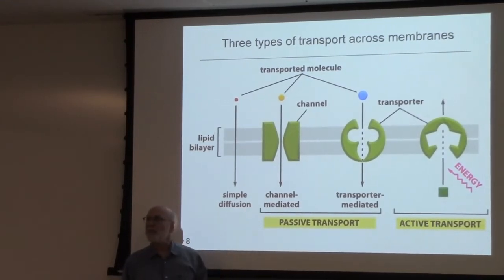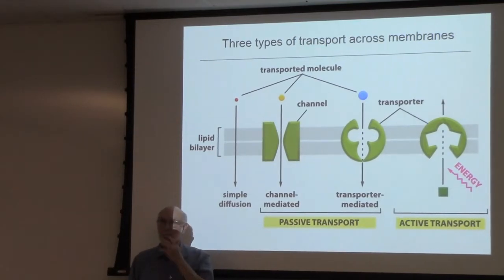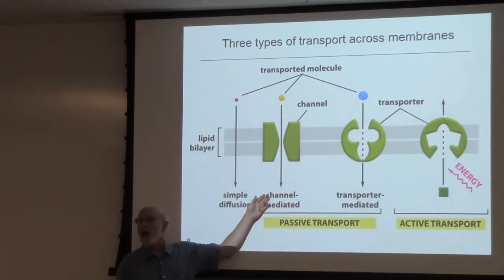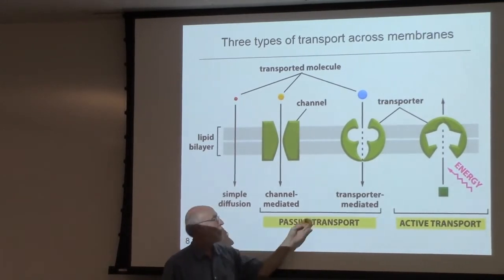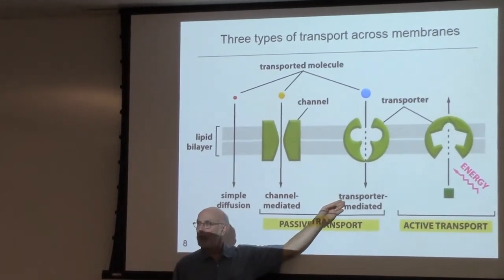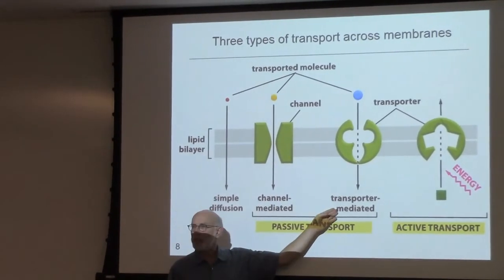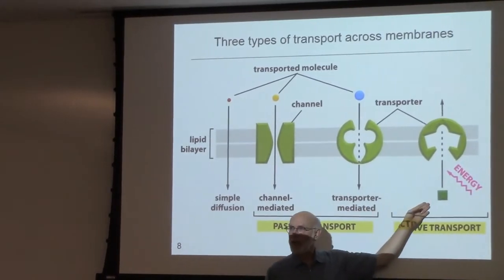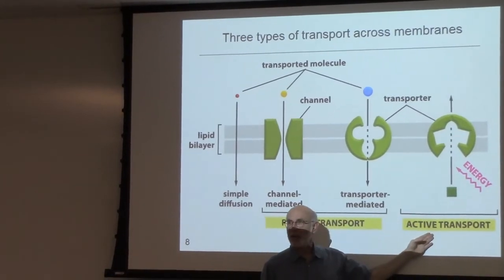And we're going to be talking about some very important ones in the heart, in the kidney, in the respiratory system, all over the place. We're going to see ion channels a lot. We're going to talk about passive transporters that are similar to channels in some ways and different from channels in other ways. We're going to get to that in a minute. And we're going to build the gradients that the cells use using active transport.